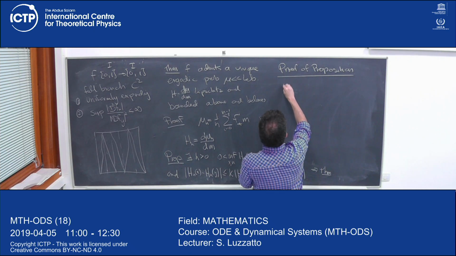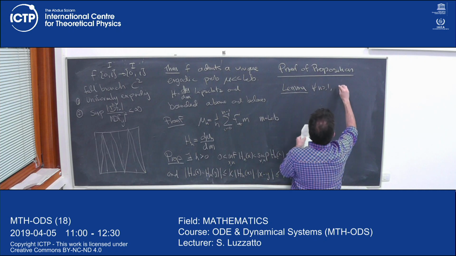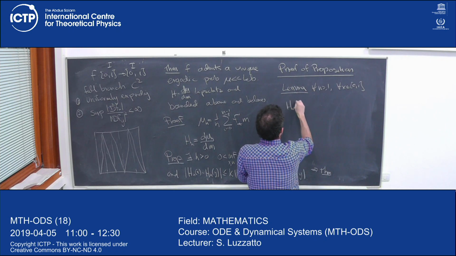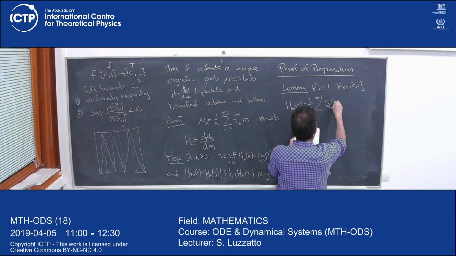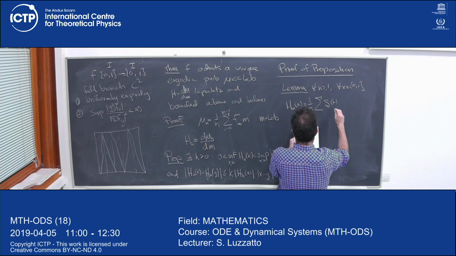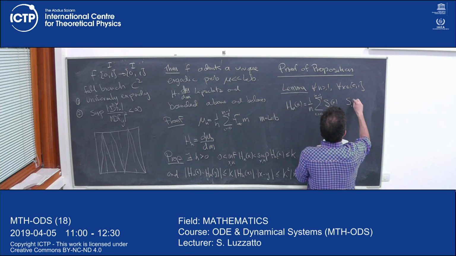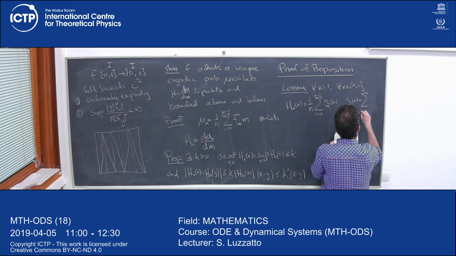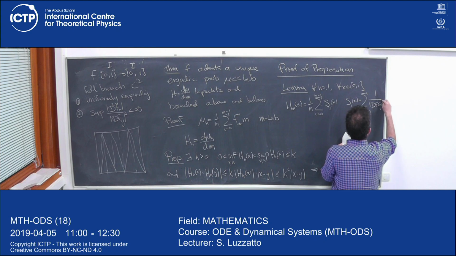So we have a lemma that says that for all n and for all x in [0, 1], we have that Hn of x is equal to 1 over n times the sum of Si of x, i equals 0 to n minus 1, where Si of x is equal to the sum over all the pre-images of x of 1 over the derivative at this pre-image.